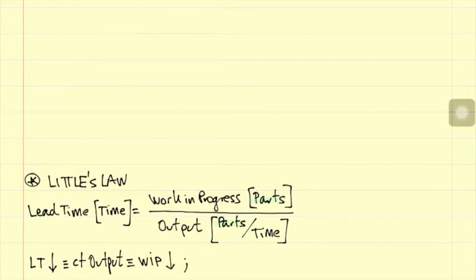So whenever you have a constant output, if your work in progress goes down, your lead time goes down. Die Durchlaufzeit geht runter. Okay. If you want your lead time to go down with constant work in progress, then it means that you need to increase your output.